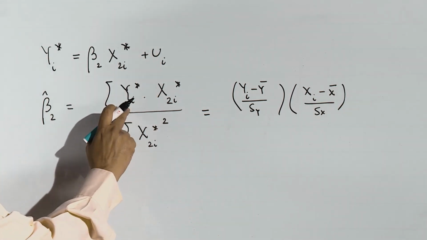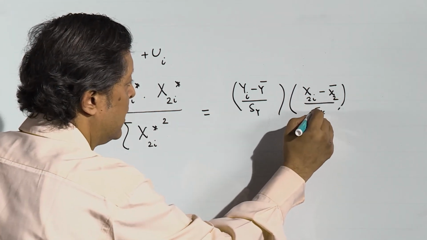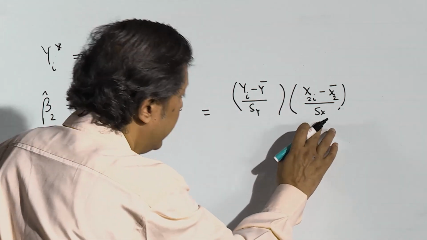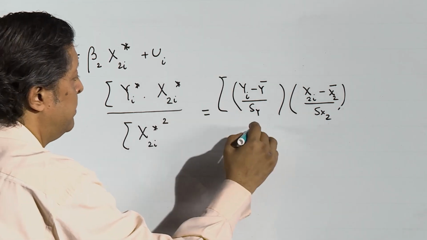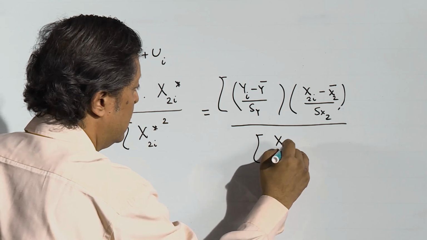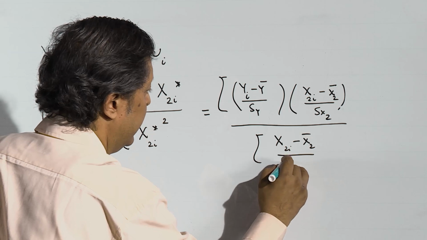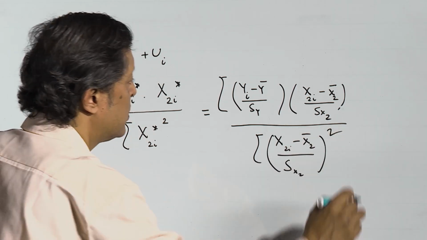So, y i star times x 2 i star is x 2 i minus x 2 bar divided by standard deviation of x 2, and we sum this up and divide by x 2 i minus x 2 bar divided by standard deviation of x 2, whole squared.